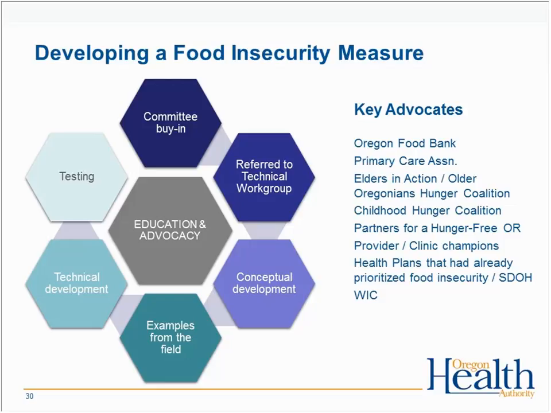So some of our key advocates and stakeholders listed here had come forward, and they really made the case to the committee about the connection between hunger and health and provided a lot of that foundational education on why we would even be talking about food insecurity for the Medicaid program. We got the committee bought in. They decided that this was a good addition potentially to the incentive measure program, and they referred it to our technical work group.